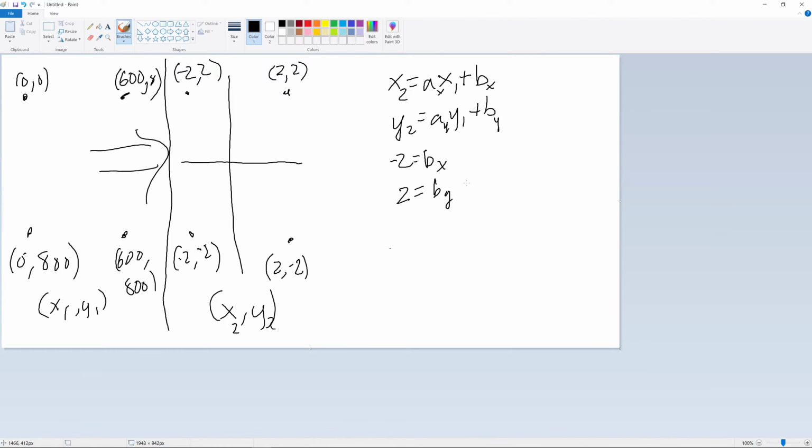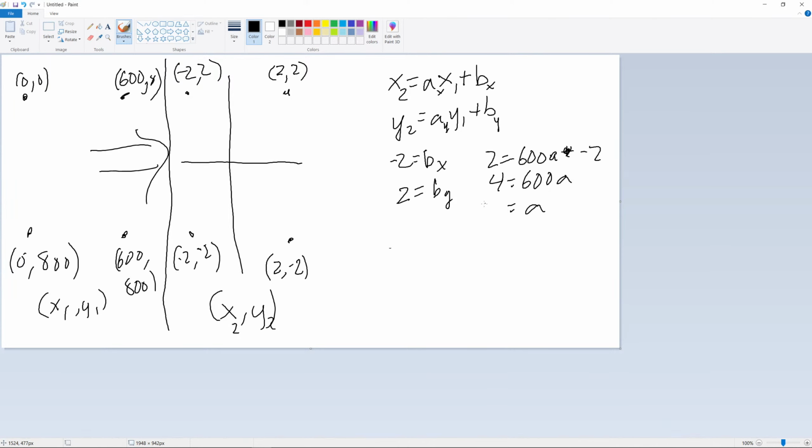All right, and then 2 equals 600a plus or minus 2. 4 equals 600a.